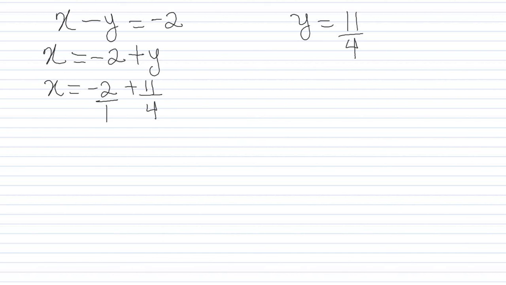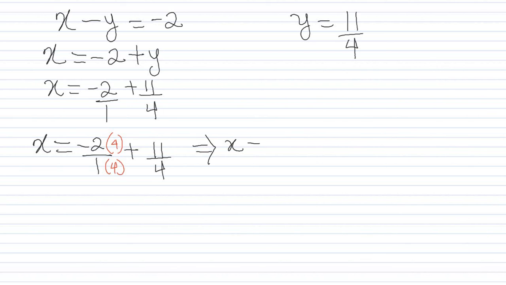So you have negative 2 is the same thing as negative 2 divided by 1 when you want to work with fractions. So that will be negative 2 divided by 1 plus 11 divided by 4. We're trying to get a common denominator, so it's easy for us to work with fractions. So multiplied by 4 here, multiplied by 4 here, and we have x equals negative 8 divided by 4 plus 11 divided by 4.